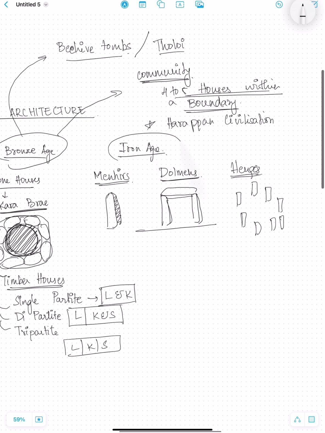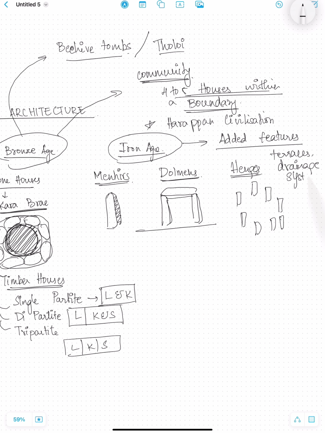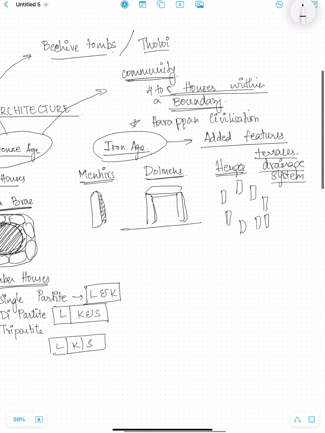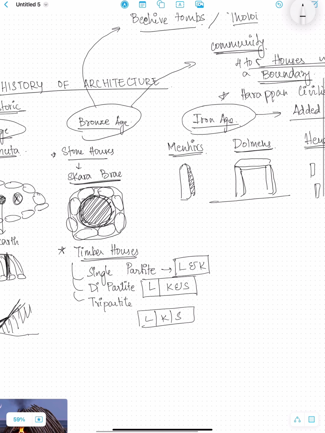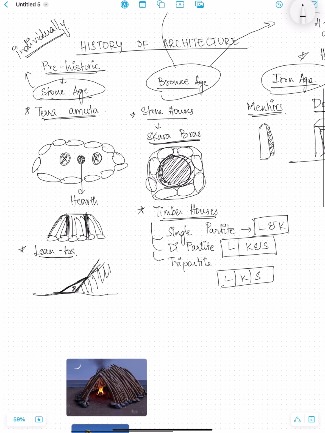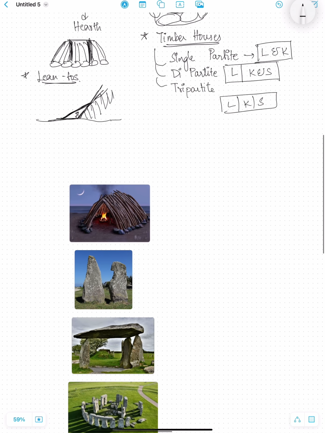And in Iron Age, people started having added features like terraces, drainage systems, and they had tombs like broods or dunes, etc. Okay, so this was prehistoric, and I'll show you the pictures so that it is easy to understand.